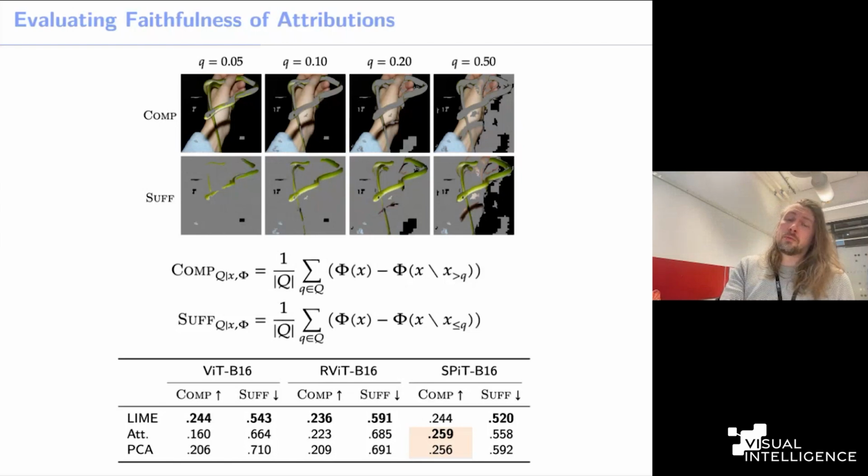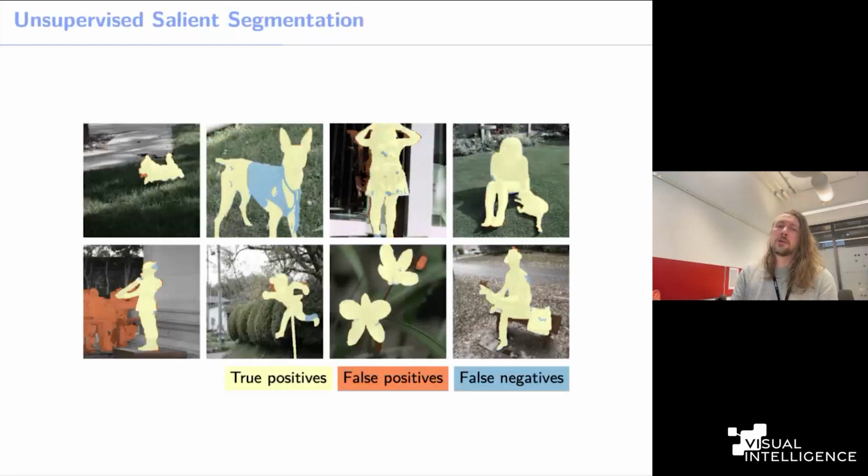All other models are worse off than LIME, so the explanations you get out of the standard ViT and the random Voronoi tessellated ViT are slightly worse. However, for the superpixel model, you actually get attributions that are more faithful than LIME, which we saw as significant.